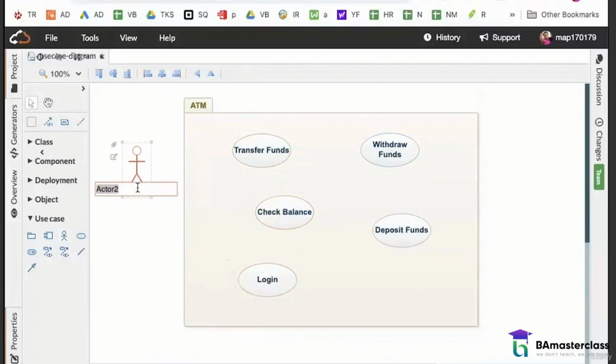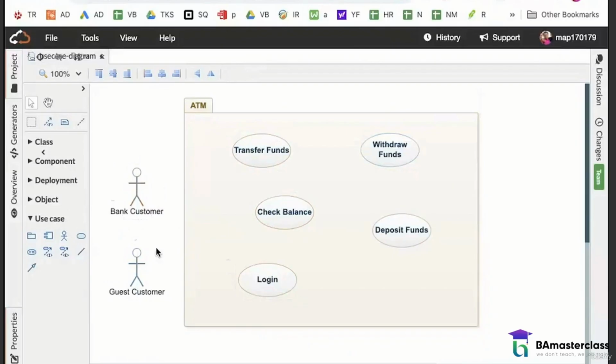Then I identify who my actors are. My actors are always outside the system. One of my actors is the bank customer, and my second actor is the guest customer.